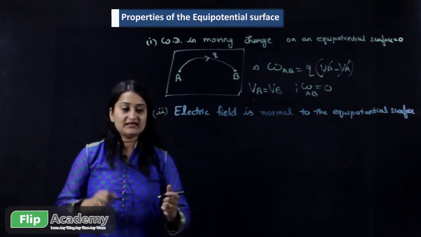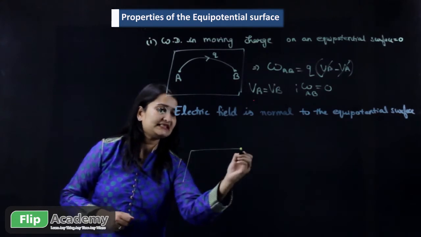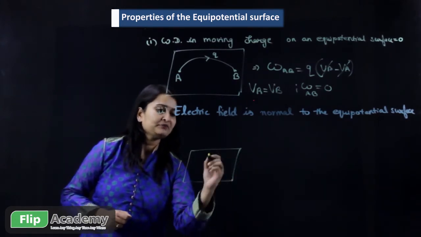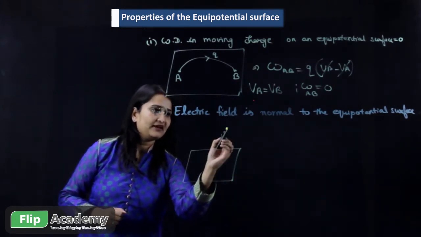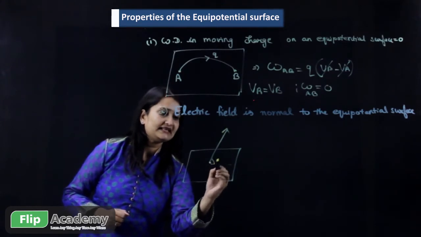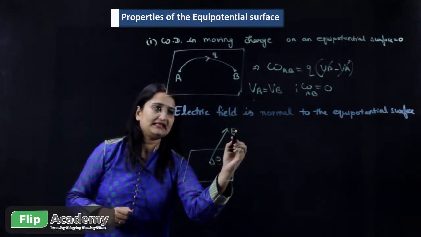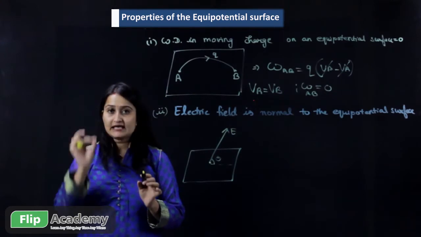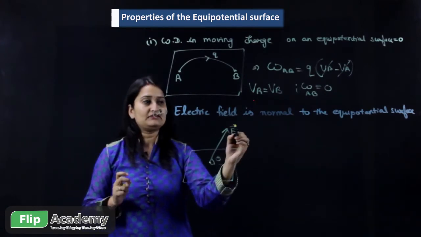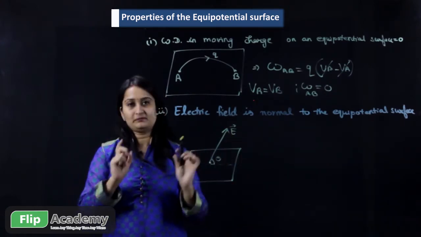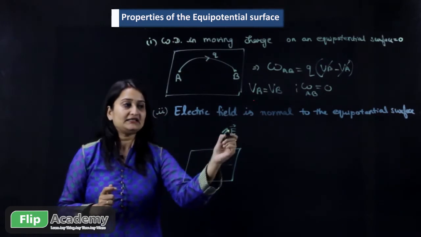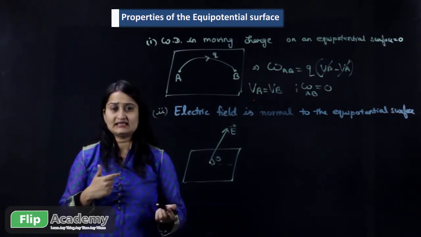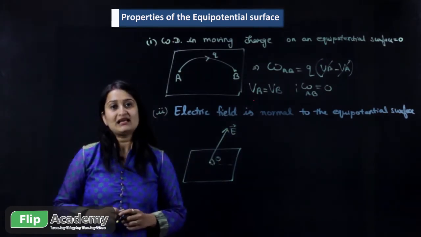Let's see. Let us suppose this is the equipotential surface and the electric field vector is making an angle, let's say theta, with the plane surface. We are not assuming in our derivation that the electric field vector is perpendicular to the plane surface. We have considered that it is making a particular angle theta with the equipotential surface.